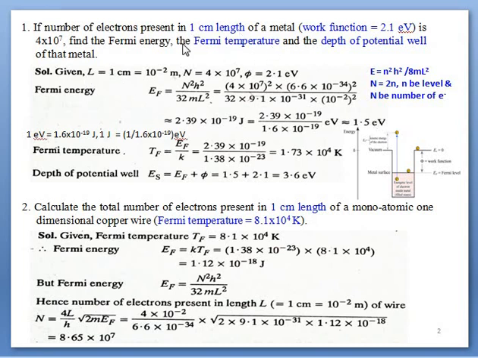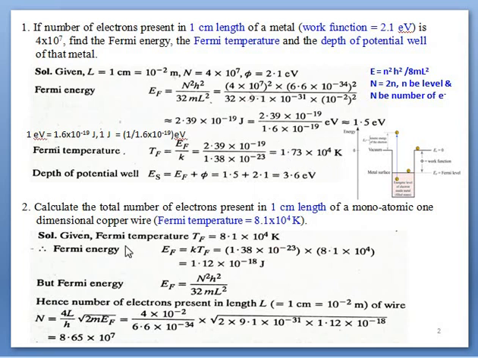Now we have to calculate the Fermi temperature. Since there is a relation between Fermi temperature and Fermi energy, by substituting the value of EF and k, where k is expressed in joule per Kelvin because EF is substituted in terms of joule, after simplification we have TF equal to this one in terms of Kelvin.